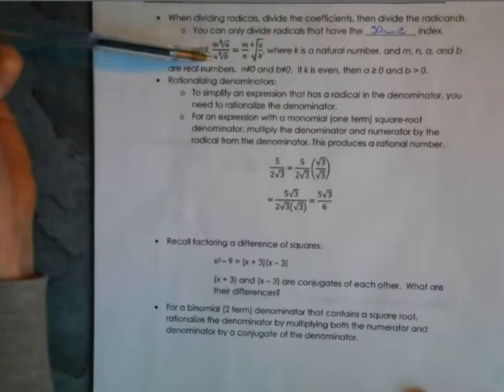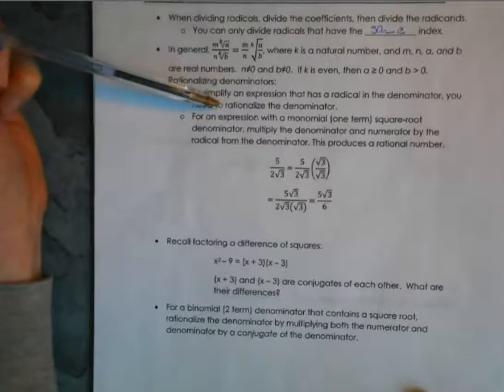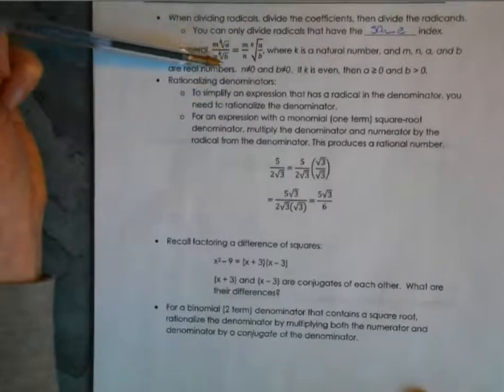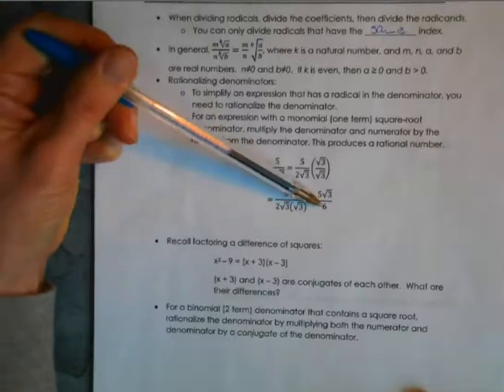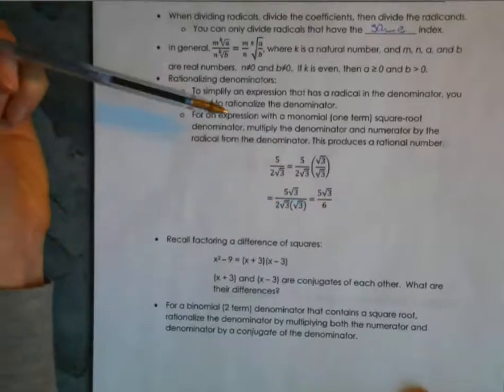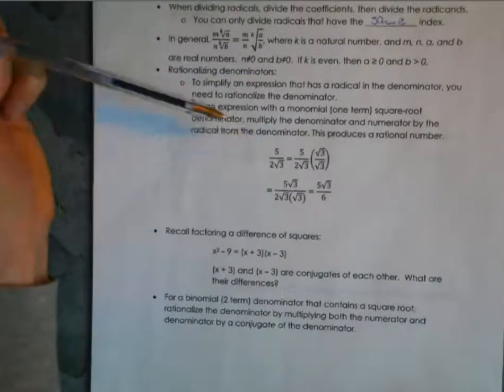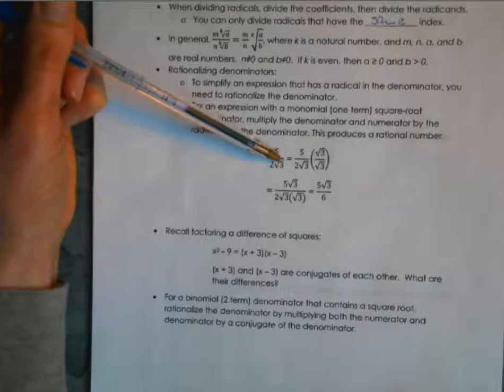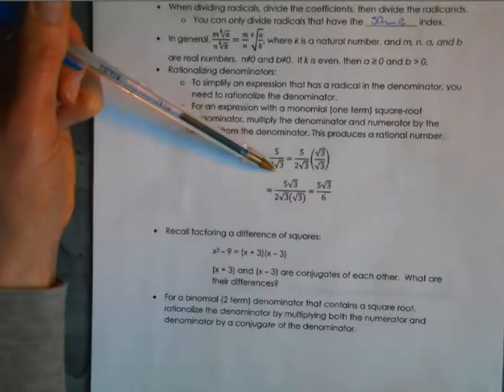With fractions, it's a little bit more tricky because basically what you need to do is make the denominator into a rational number. So that's going to be just a whole number like we see here. And in order to do that, basically what you need to do is look at what your radical is that is in the denominator.